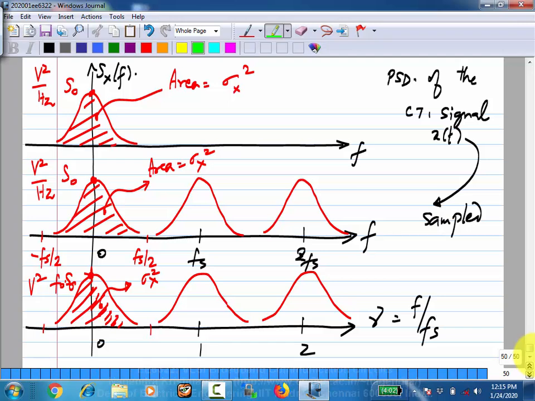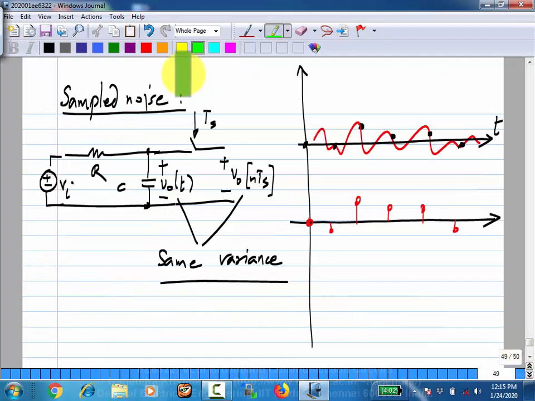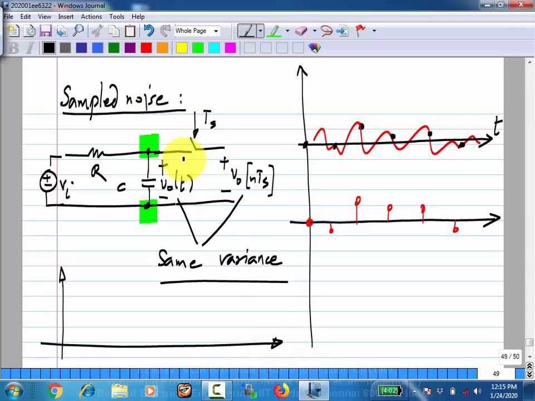So now I assume something. First of all, this is an RC filter. So what will be the noise spectral density here due to this resistor alone? I mean, let's say this is all the circuit we have. What is the spectral density? Not the variance. What does the spectral density look like?